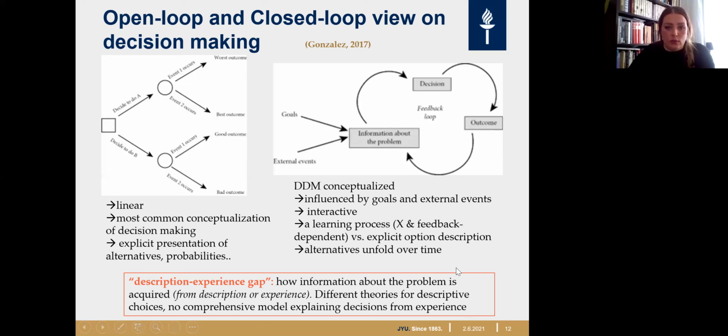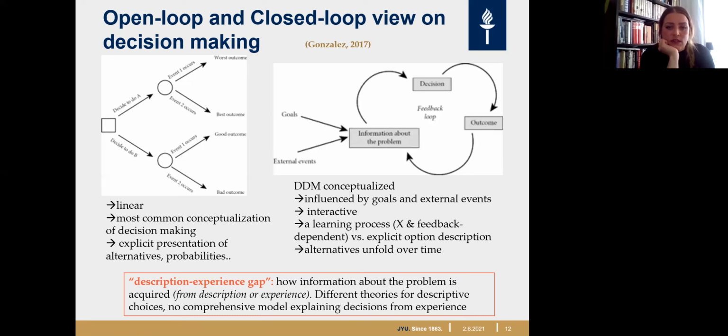These two models, and especially the closed loop view, have emerged through the description experience gap that is seen as important in understanding these decision-making processes. It deals with how information about the problem is acquired.